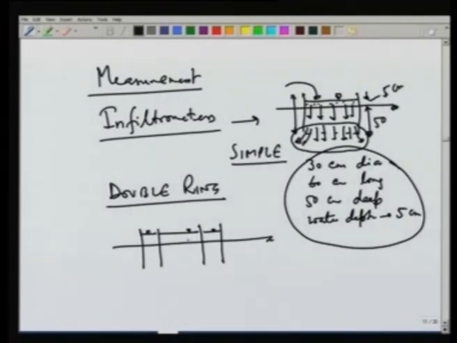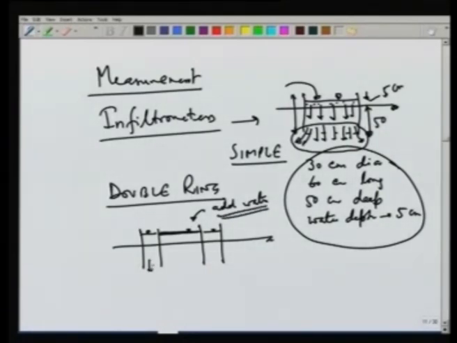in which we will maintain a level. We will add more water to maintain a continuous constant water level here, and the amount of water added will denote the infiltration.